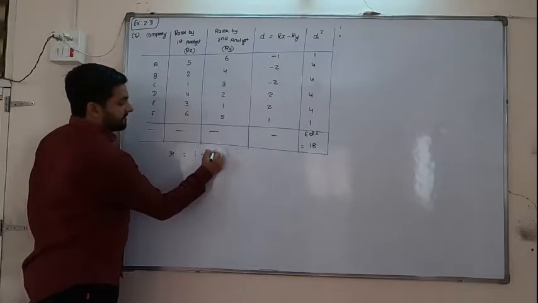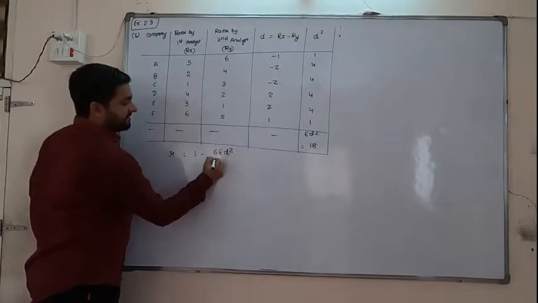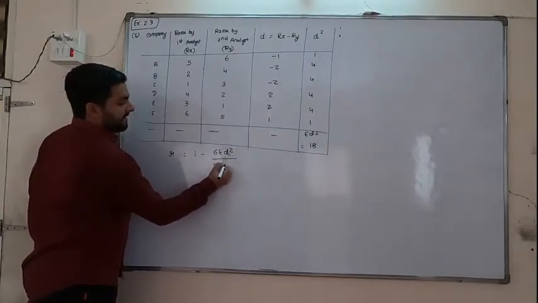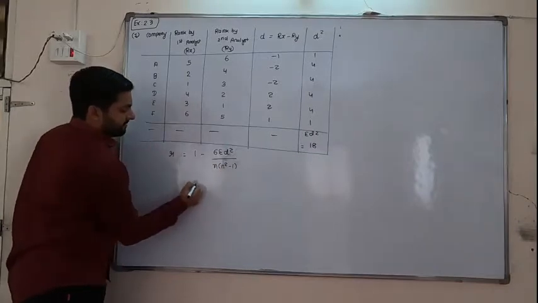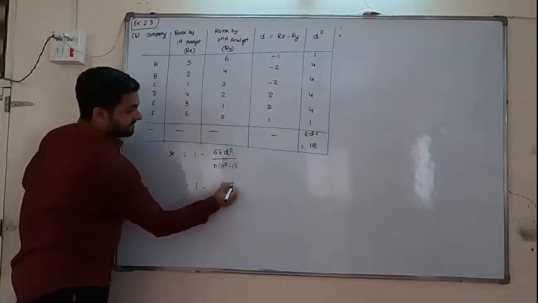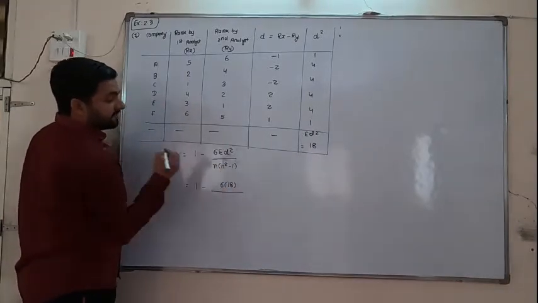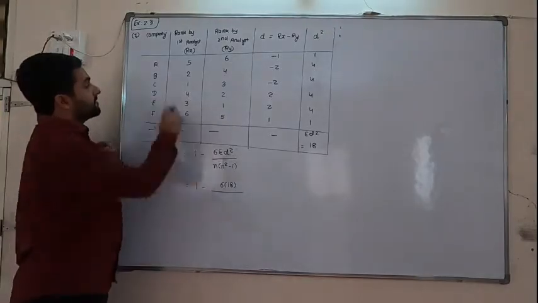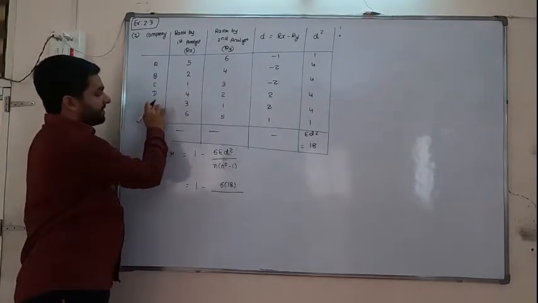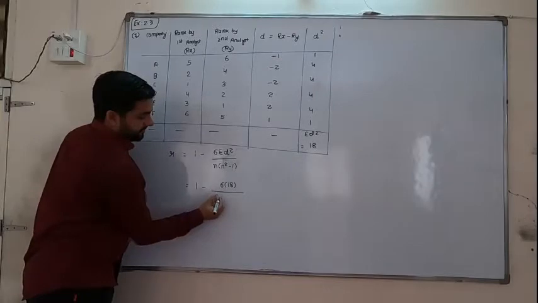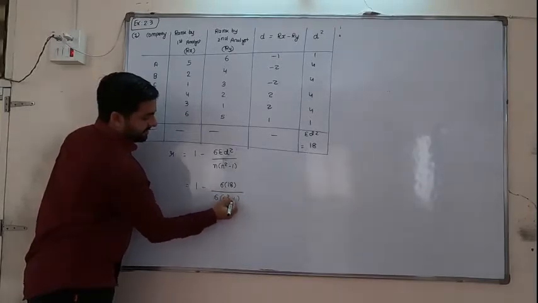R is equal to 1 minus 6 sigma D square divided by n into n square minus 1. 1 minus 6 into 18 divided by n, n means number of observations, which is 6. 6 in bracket 6 square minus 1.